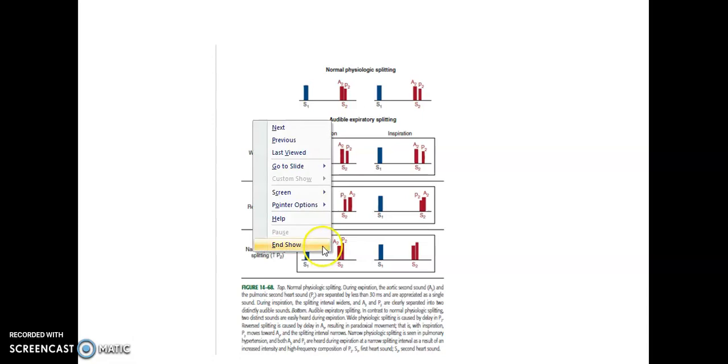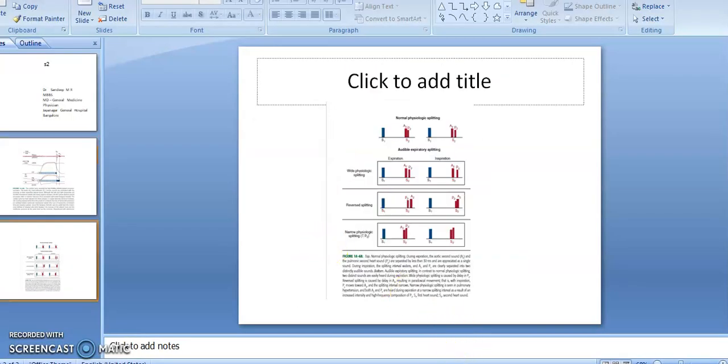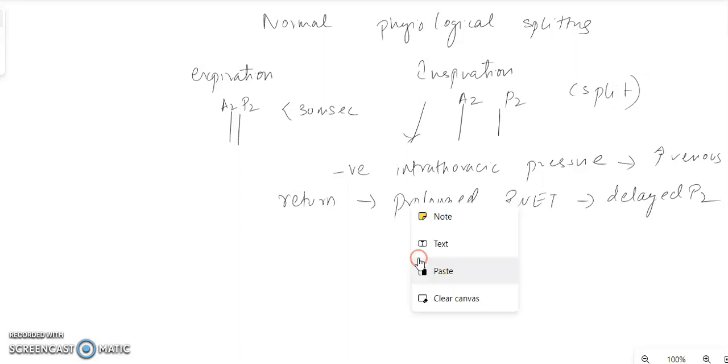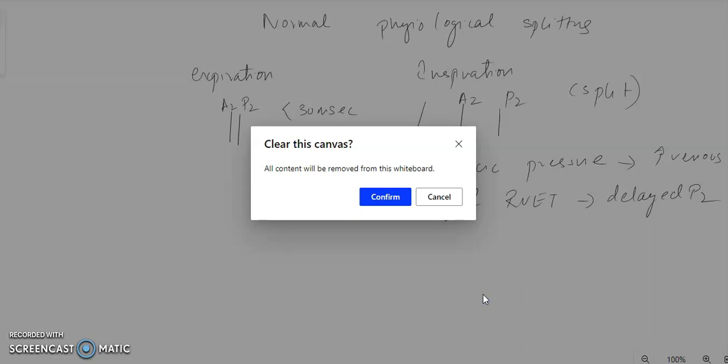Next, let's discuss the causes of wide physiological splitting. In a wide split, the most common cause is delayed P2.